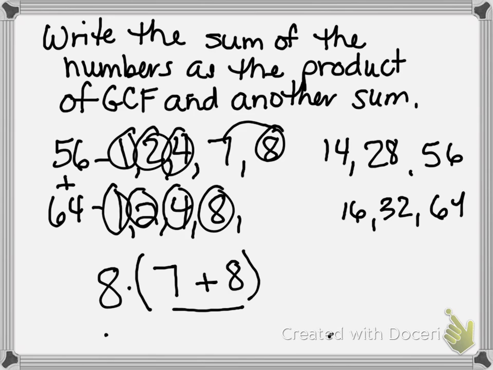And you are going to find the sum of the numbers as the product of their greatest common factor and another sum. And the two numbers are 24 plus 40. Okay, working it out on your desk. Step 1, write the numbers down and find the factors. What are the numbers again? 24 plus 40. Those are the two numbers. Because I'm writing the sum of the numbers.